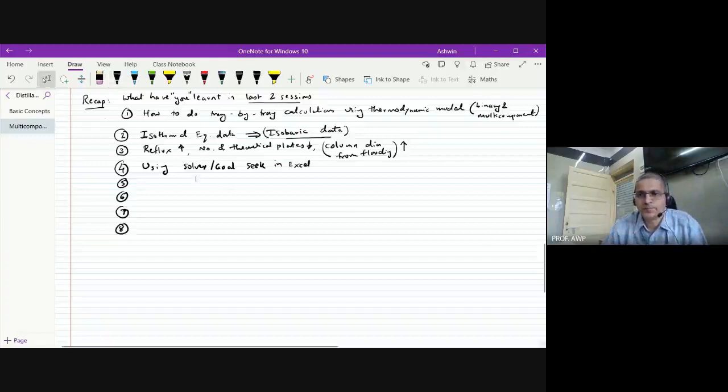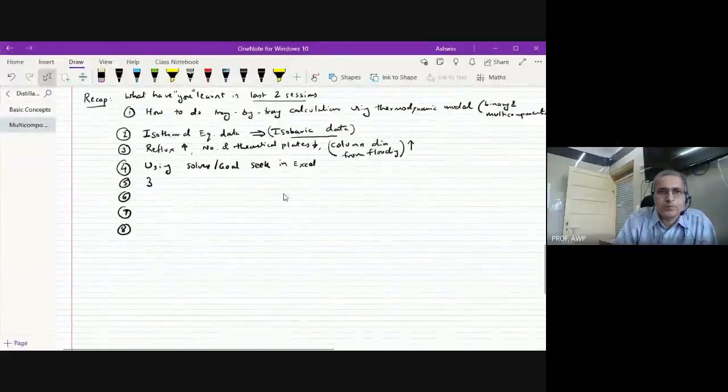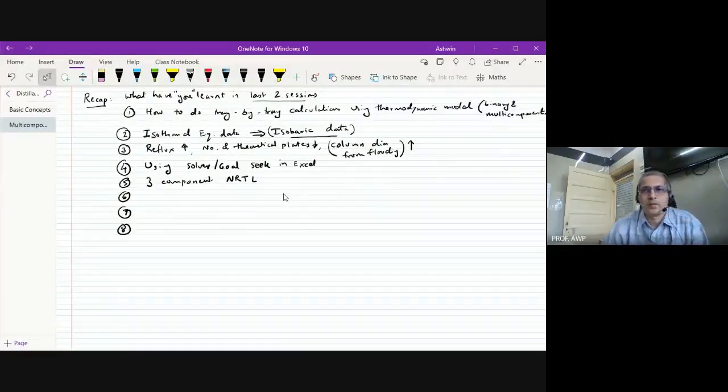What else? Using three components in NRTL. Okay, so three-component NRTL. What else have we learned? Have we learned only these three things? Four, five things?